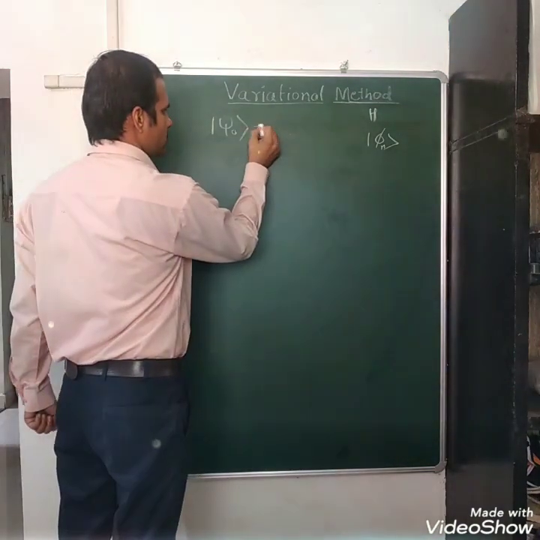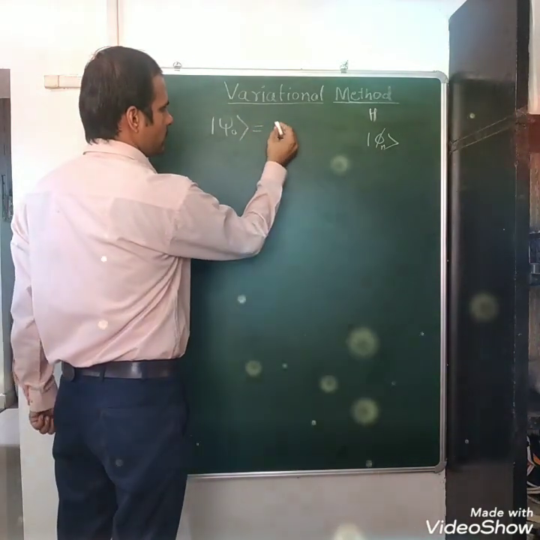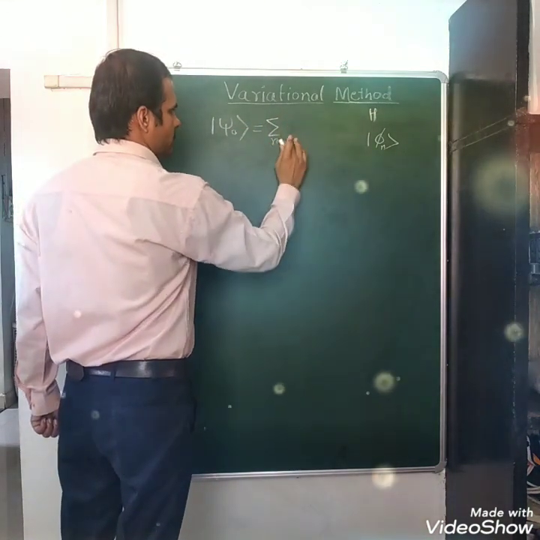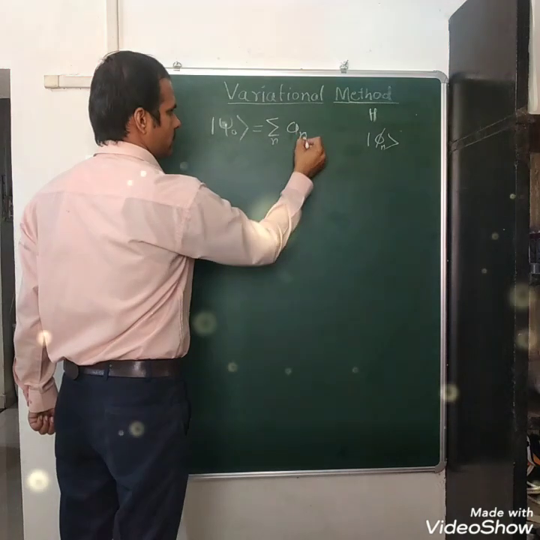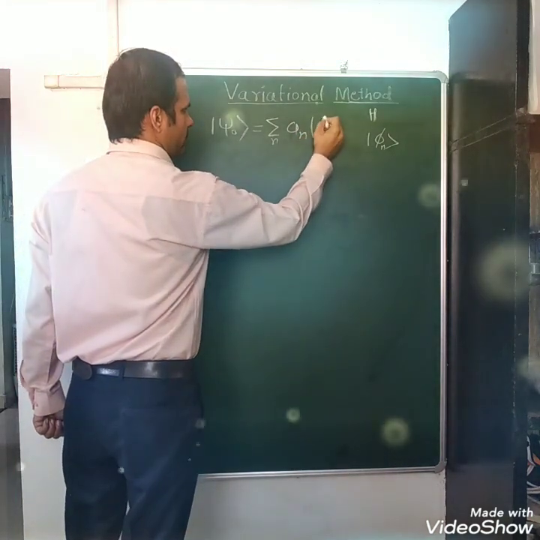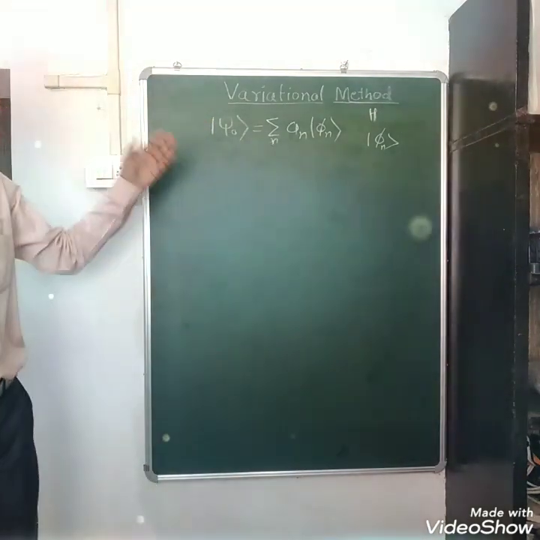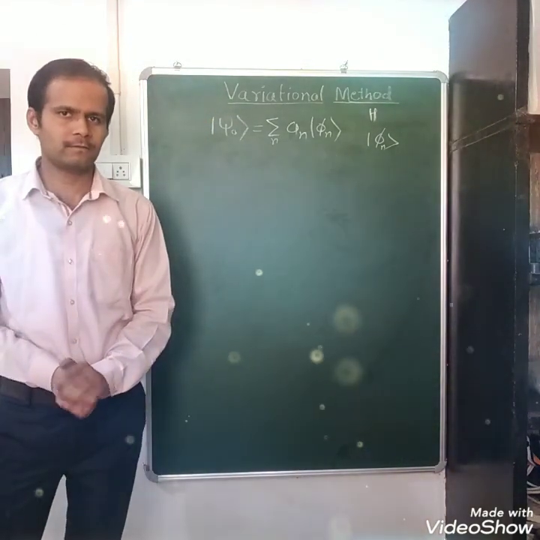So this is equal to the sum over n of a n ket n, which is our trial wave function.